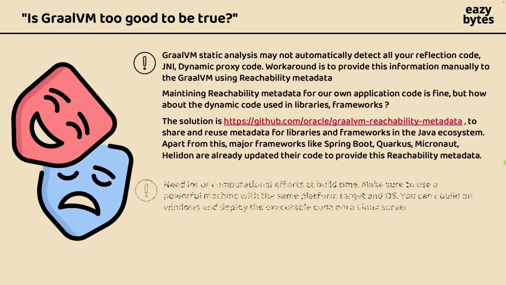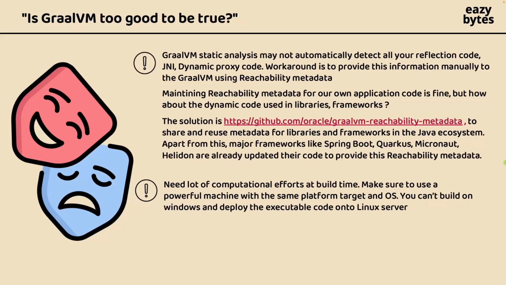The second challenge that we have here is during the build time, whenever you're trying to generate a Docker image with the help of natively executable code, or whenever you're trying to compile your Java application with GraalVM AOT compilation, then like I said, it is going to demand a lot of computational effort. You need to provide powerful machines. At the same time, you should also know your target platform where you're going to deploy.